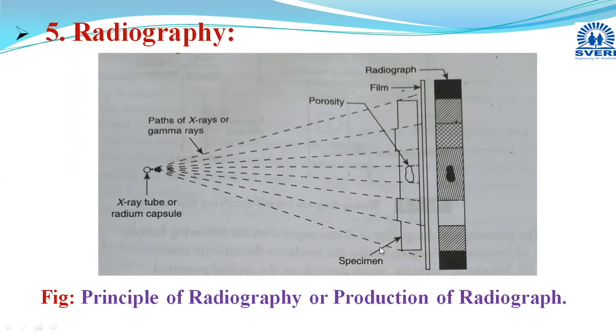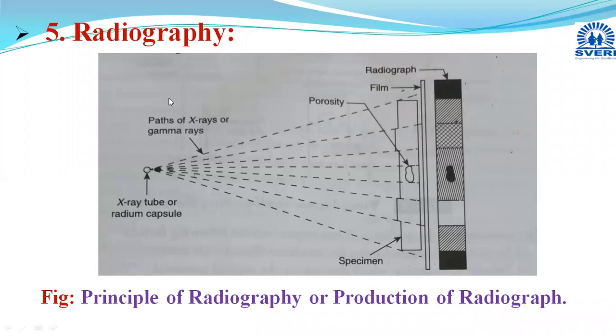As a defect is there, the absorbing power of that material is different, and depending on that, a pattern will be developed on the film. If we are using X-rays as the source, the film obtained will be termed an exograph.